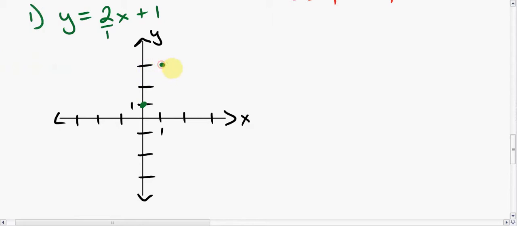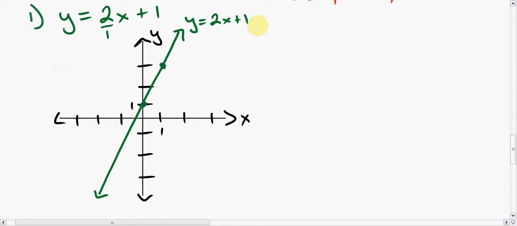And remember, all we need are 2 points, and now we can graph a line. So I'm going to take a straight edge, draw a line through these 2 points, and this is my equation y equals 2x plus 1.